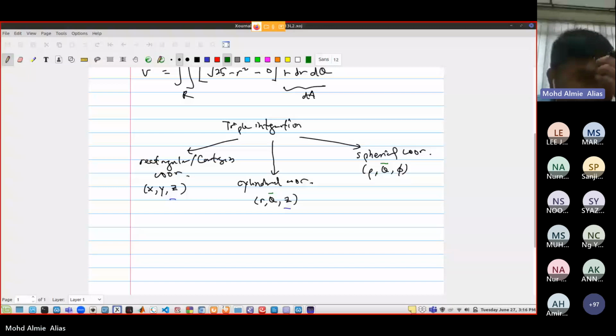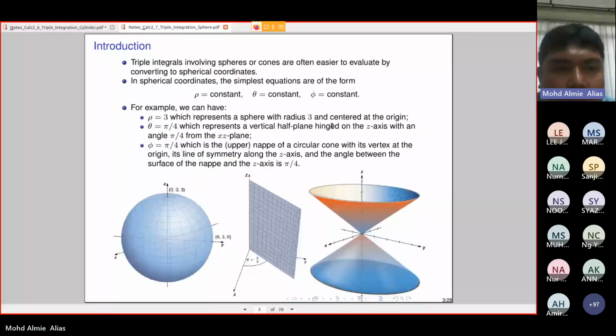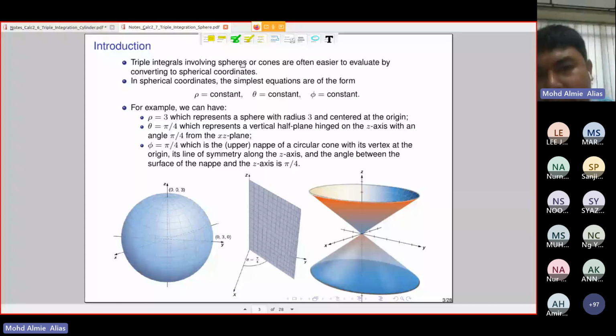Okay, so triple integrals involving spheres or cones. It's mentioned specifically here that if you have a triple integral that involves these shapes, then it's often easier to evaluate by converting your integral to spherical coordinates.